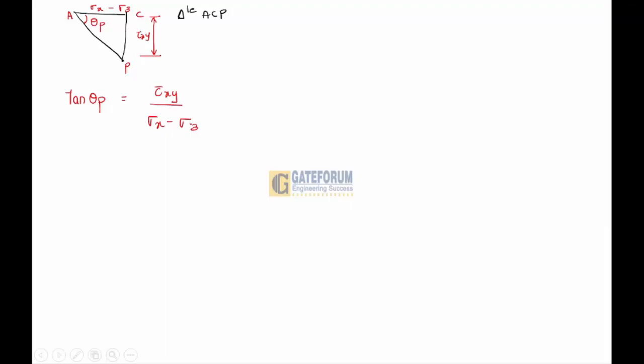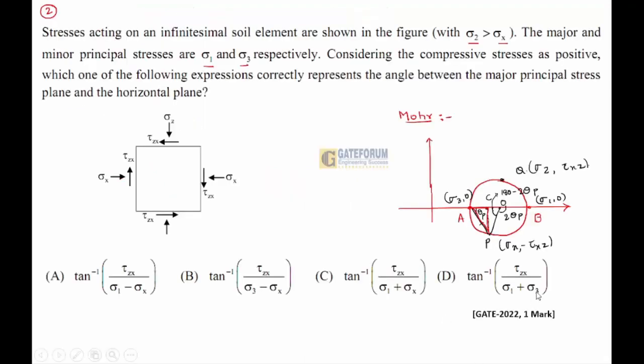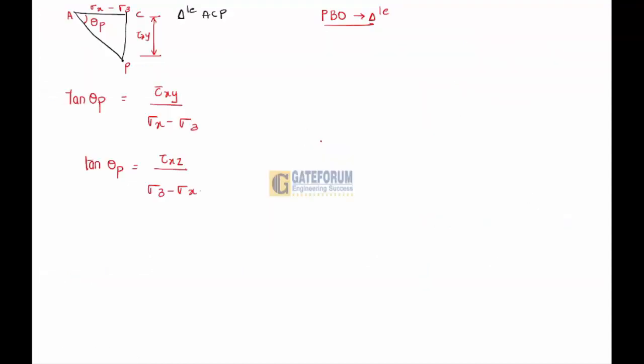Since no sign convention of the shear stress is taken, one can adopt a negative sign for the given shear stress. In that case I'll write tan theta P is equal to tau xz by sigma 3 minus sigma x. Now I am considering triangle PBO.